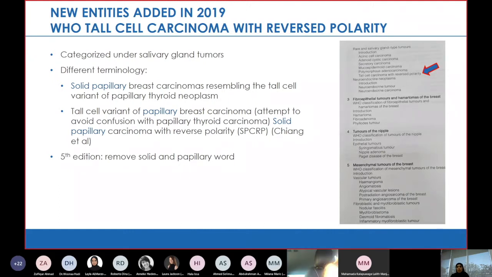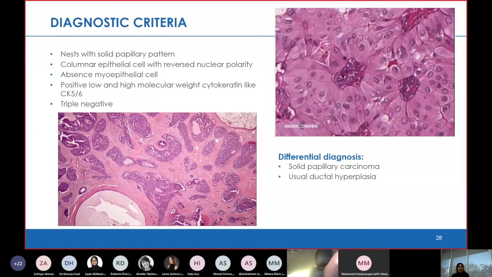In the literature, you will find the terminology maybe solid papillary, but in the fifth edition, they decided to remove the words solid papillary from the terminology and just keep it tall cell carcinoma with reversed polarity. The morphology is basically the same as the terminology implies. You will have papillae lined with tall cells, and then there is a reverse nuclear polarity, which means that the nuclei will face the opposite side of the core.